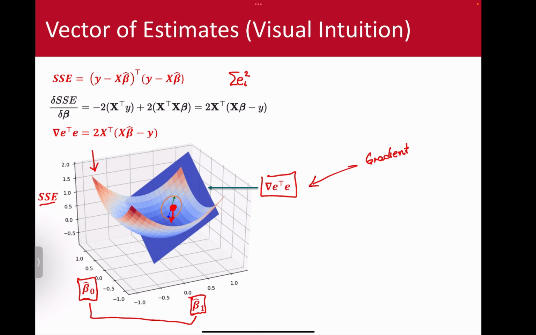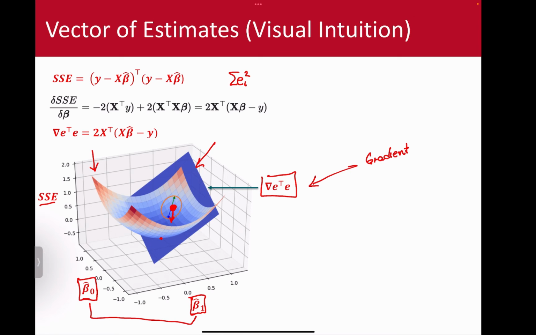But there's a specific intuition that you can visualize here: because this is a bowl-shaped function, a convex function, the place where you get the lowest SSE is where this gradient is equal to 0. That would be just the lowest point, and you can see that this would be exactly flat, 0.